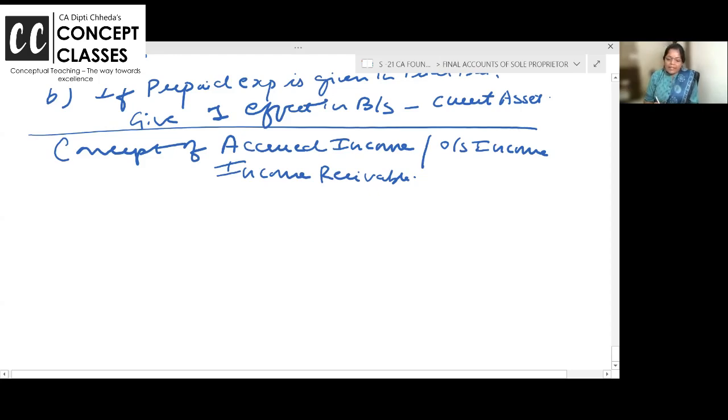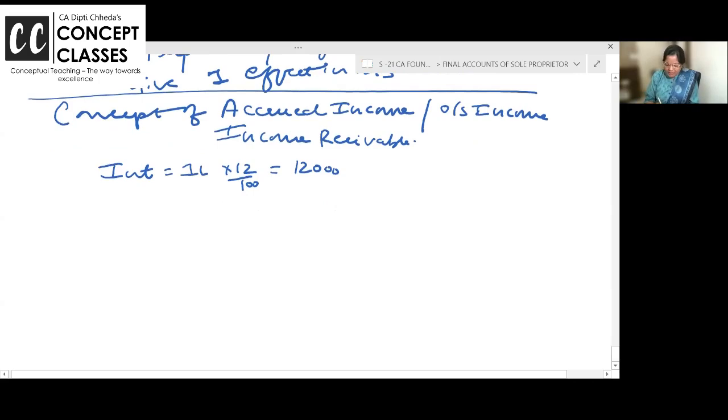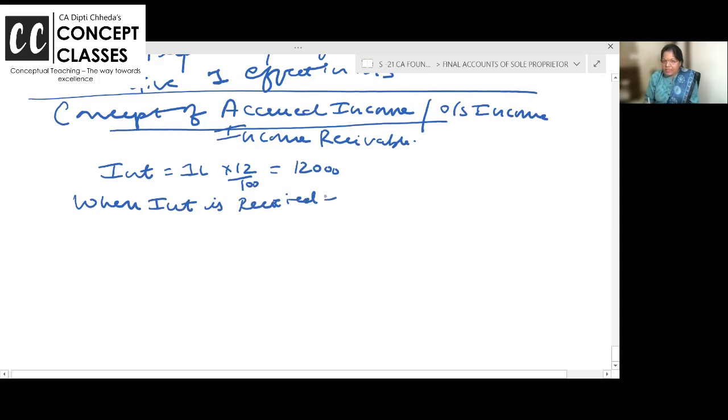Let us first calculate. Total interest on 1 lakh at the rate of 12% comes to 12,000. You have received only up to the month of February. 11 months interest is already received. So this is the whole concept. Write down: when interest is received, 11 months interest is already received.